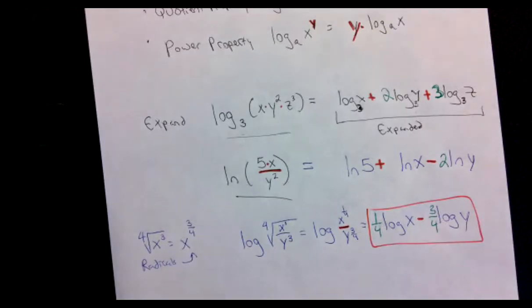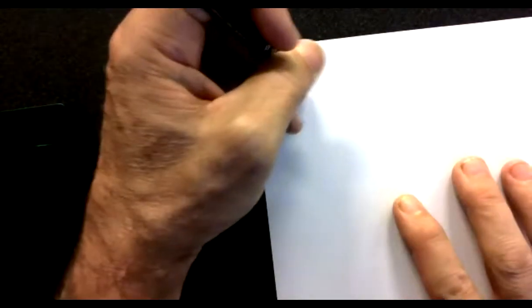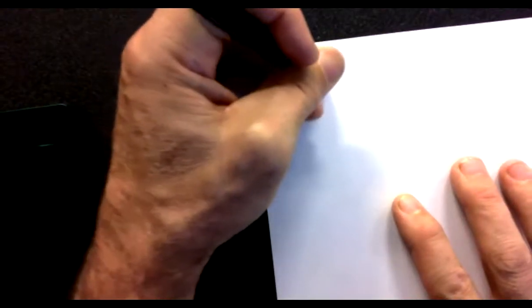Next, they're going to basically do the exact opposite. Instead of giving you a condensed log, they're going to turn around and give you an expanded log. So they may say something like, condense the following.